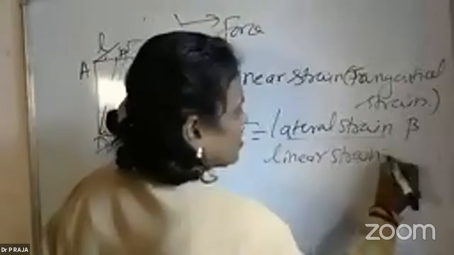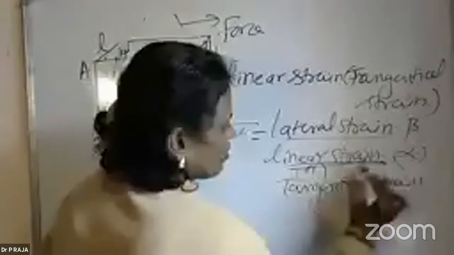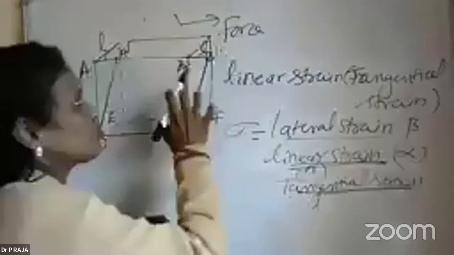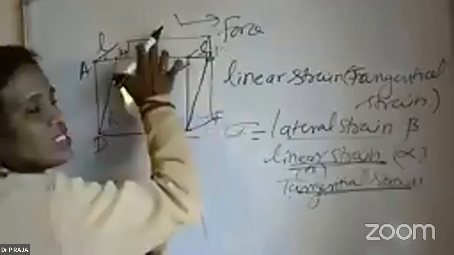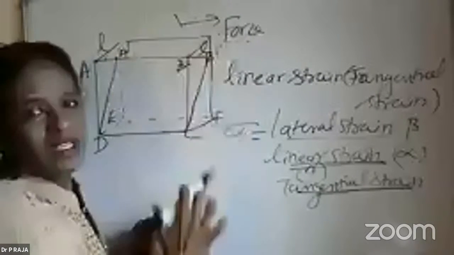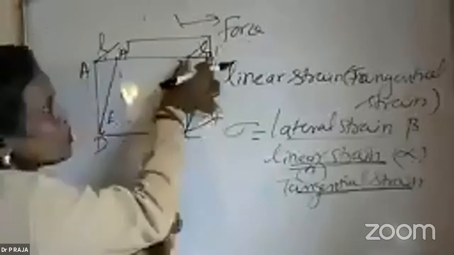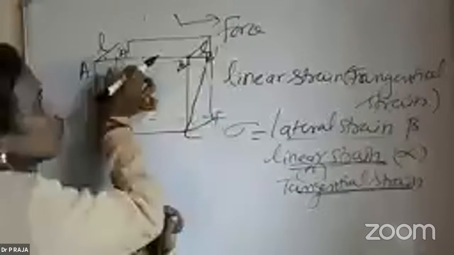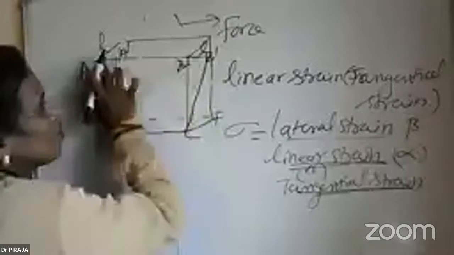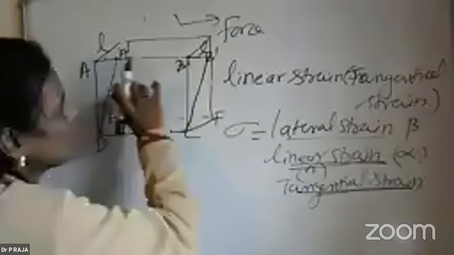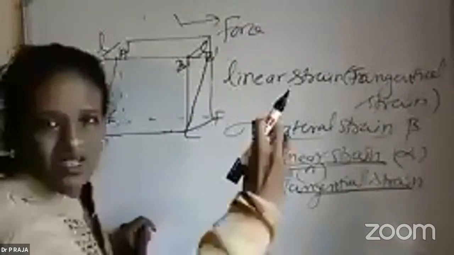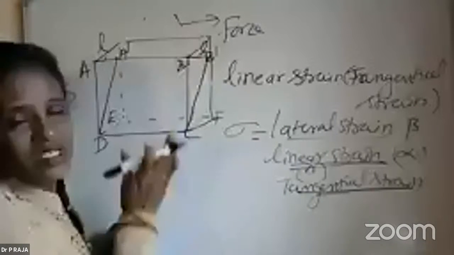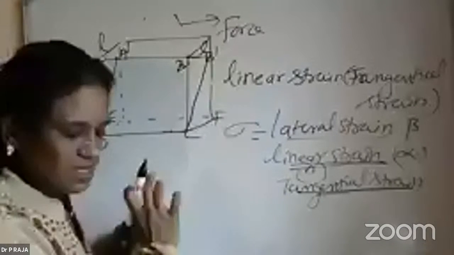The body will undergo a change in length on one side, and the same body will undergo a decrease in diameter. We are going to measure the linear, or tangential, strain caused by a tensile stress applied by a force acting along this direction, which produces an elongation L on these two sides. On one side we have to measure how much it has elongated due to the shearing stress applied by this force.